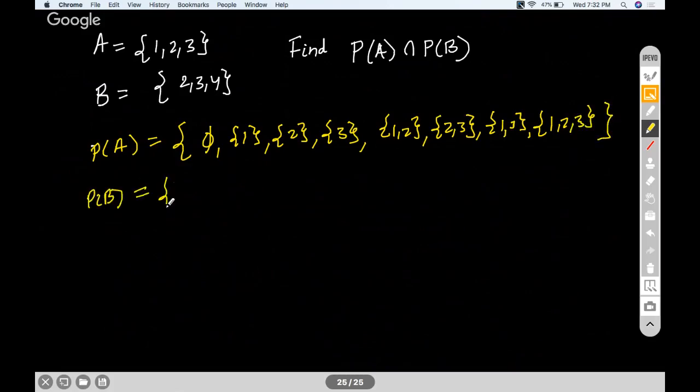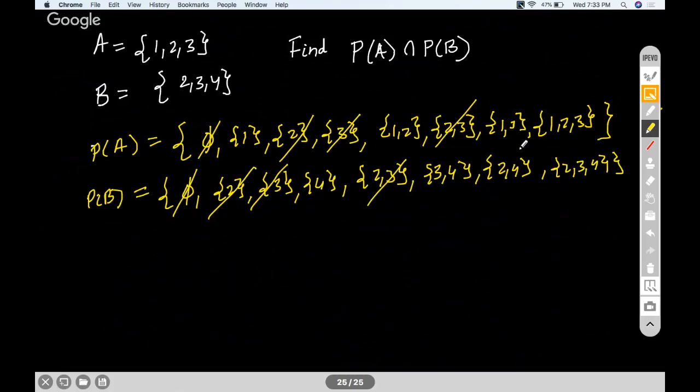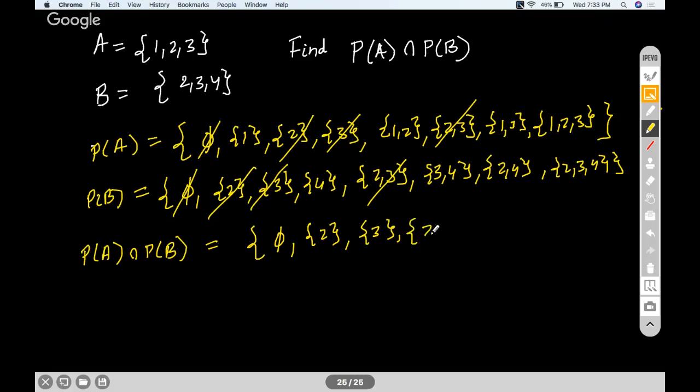The power set of B will contain null set, 2, 3, 4, 2 and 3, 3 and 4, 2 and 4, and 2, 3, 4. Out of these, these two are common, these two are common. That's it. So this is going to be nothing but null set, 2, 3, 2 and 3, right?